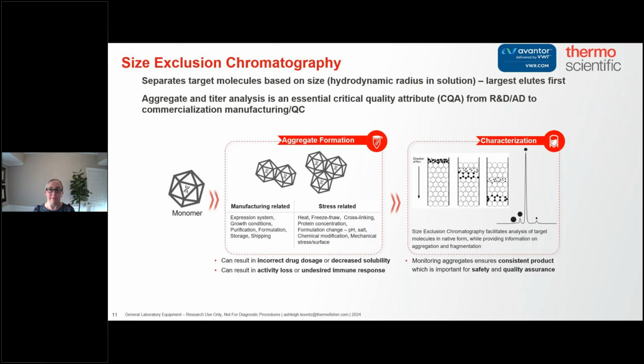And so we want to eliminate this and understand these best case conditions for your therapeutic drug throughout every stage of the product life cycle. And so when you go into characterization, you're going to monitor the aggregation and ensure that you have a consistent product for safety and efficacy.